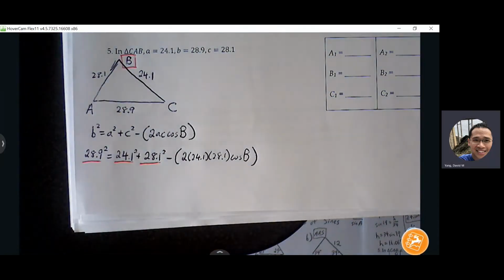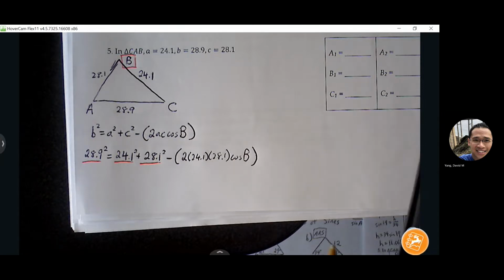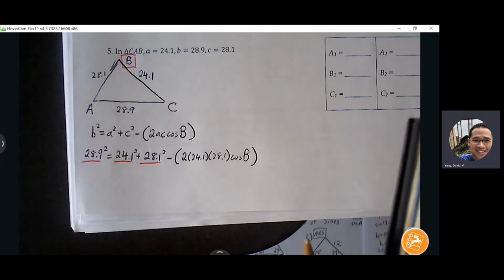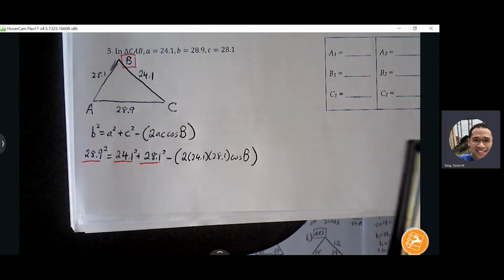Okay, I'm going to combine all those numbers together first and move them over to the left side, because I'm trying to eventually get that cosine B by itself.